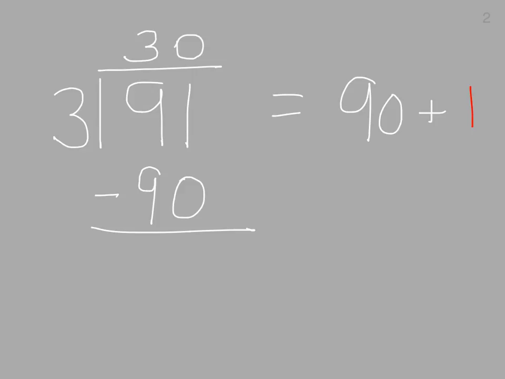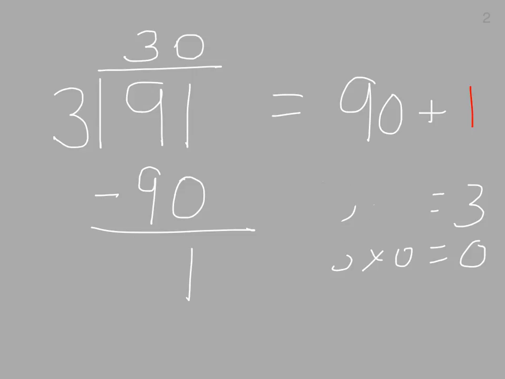1 minus 0 is 1. Now we go, 3 times what is going to get us close to 1 without going over it? Well, if we think 3 times 1, that's 3, so we're already over. So we're left with 3 times 0, which is 0.